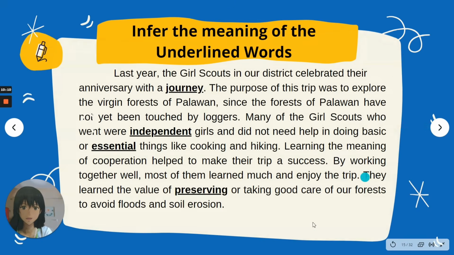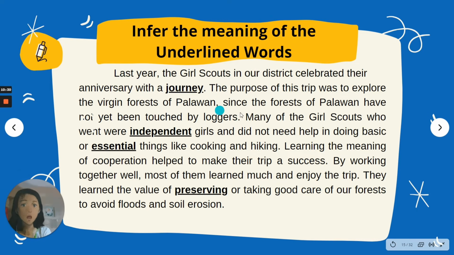Now, let's have this activity. You're going to infer the meaning of the underlined words. Last year, the Girl Scouts in our district celebrated their anniversary with a journey. The purpose of this trip was to explore the virgin forest of Palawan.